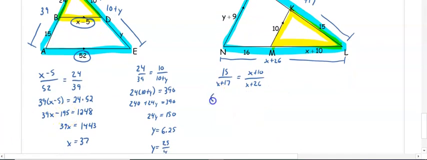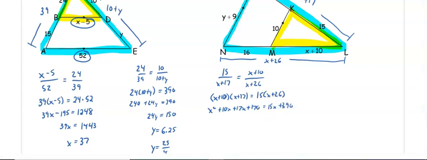So as we cross multiply here, X plus 10 times X plus 17 equals 15 times X plus 26. We get X squared plus 10X plus 17X plus 170 equals 15X plus 390. So we need to get everything to the X squared side so that we can factor.